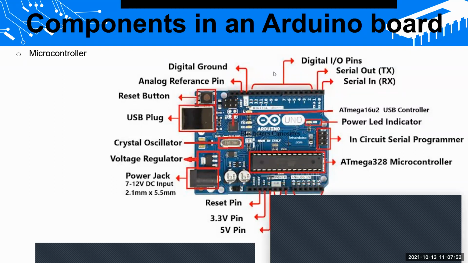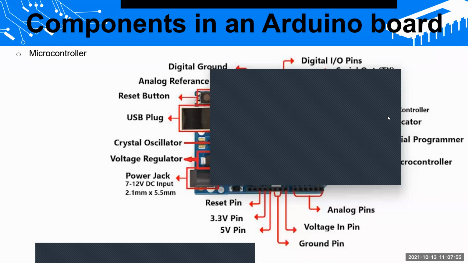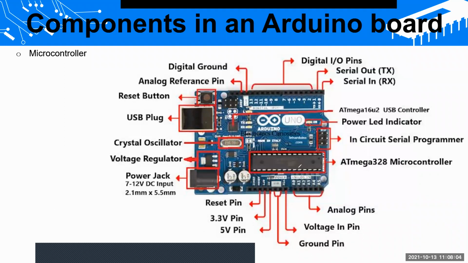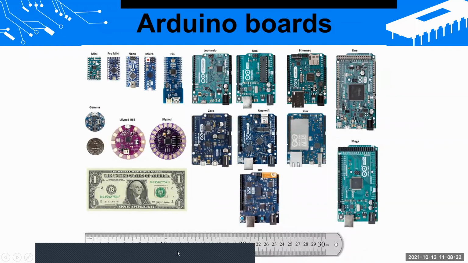Someone is asking whether all these boards perform the same functionality which you showed in the previous slide, or whether each board performs different functionality. The functionality depends on the microcontroller. As I showed in the example on the previous slide, there are specific things.